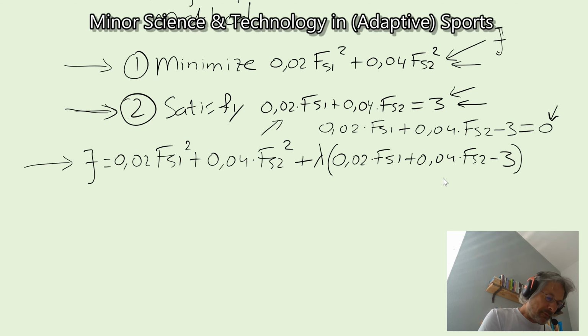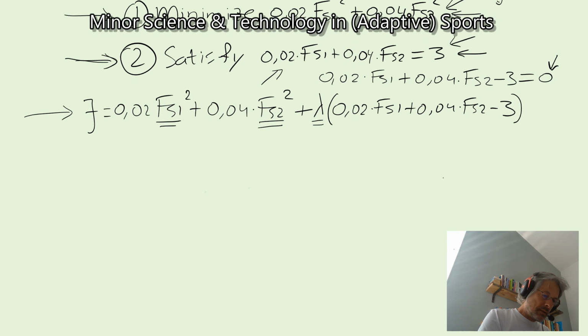Okay, now we have here this Fs1 variable, we have Fs2 as a variable, and we have lambda as a variable. So this is a three-dimensional problem. Well, that is the reason that we now are going to write down 3 derivatives.